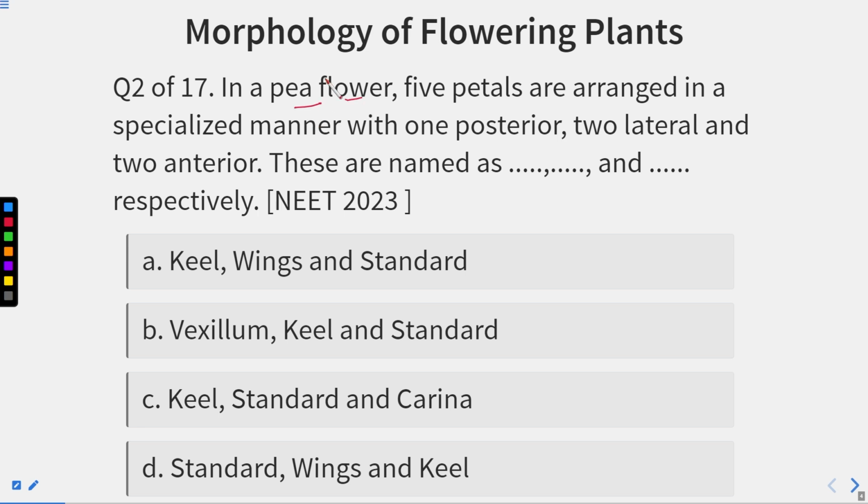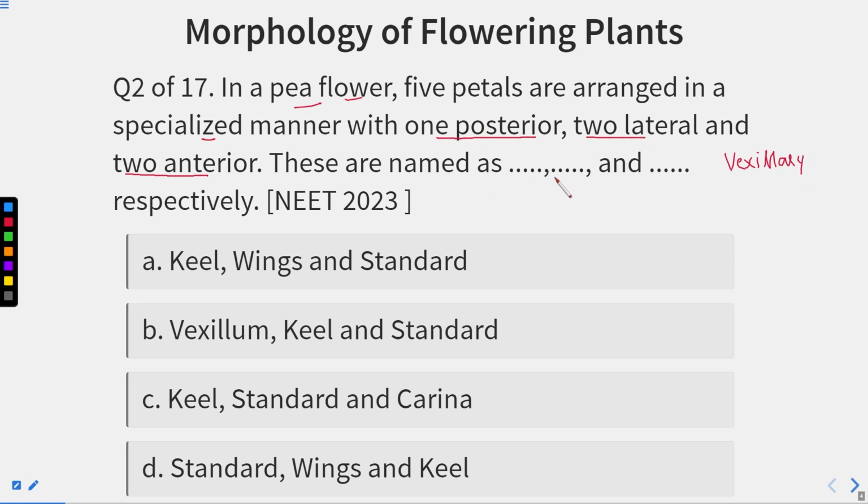Now coming to the next question, here they are asking about pea flower. Pisum sativum is known as the pea. Alright, 5 petals are arranged in a specialized manner: one posterior petal, 2 lateral petals and 2 anterior petals. This I've already explained. They are talking about the vexillary estivation.